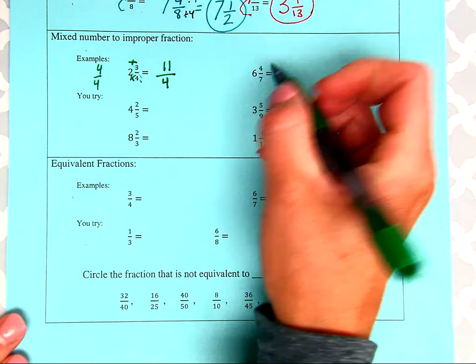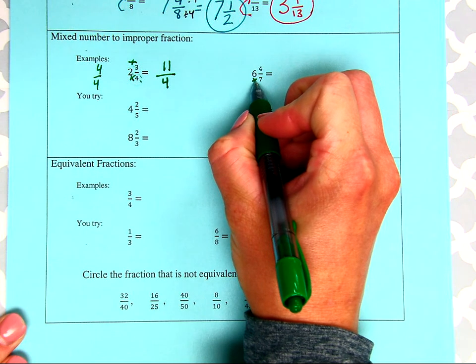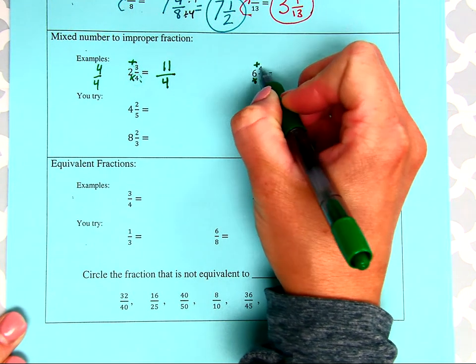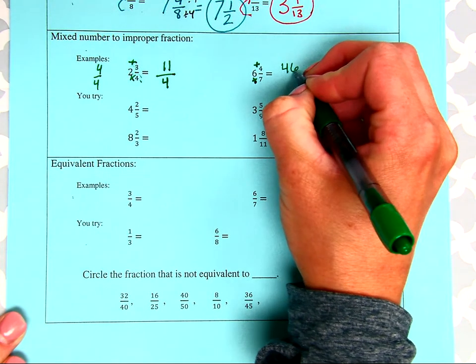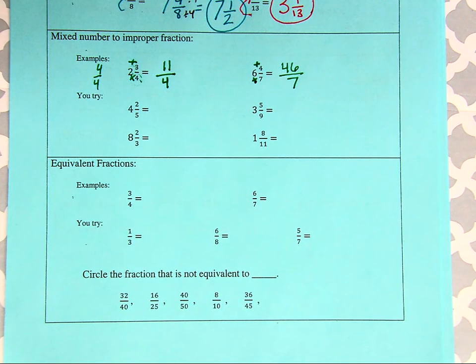Here, multiply my whole number and my denominator. 6 times 7 is 42. Add in the numerator that I already have to get 46. Keep the denominator. All right, so pause and try the next 4 and then play to check your answers.